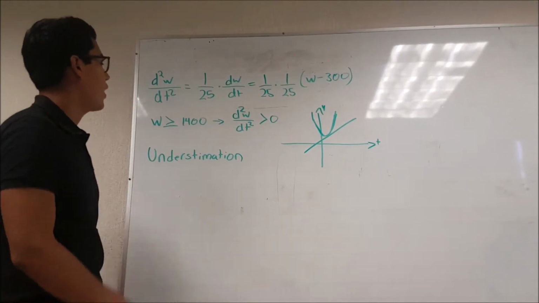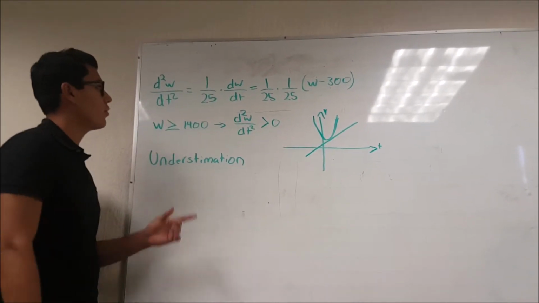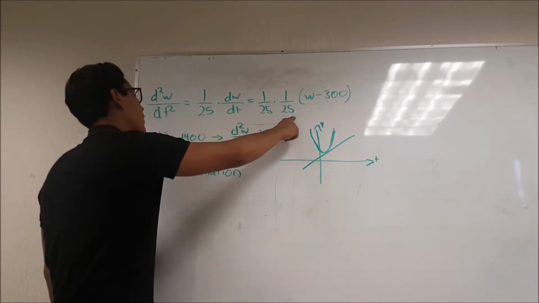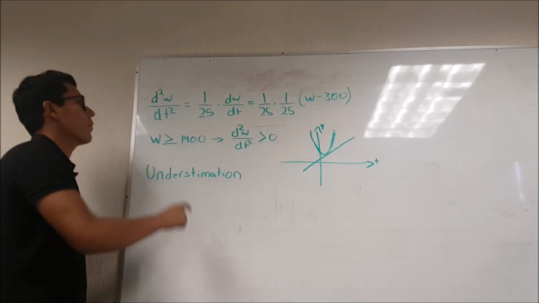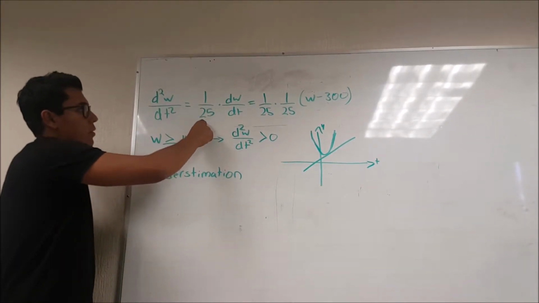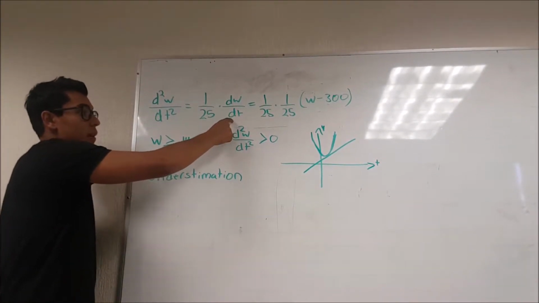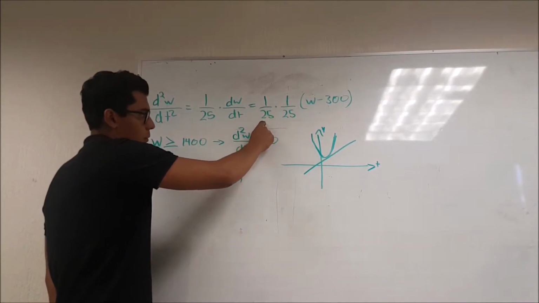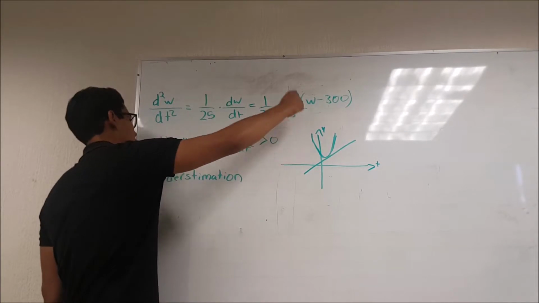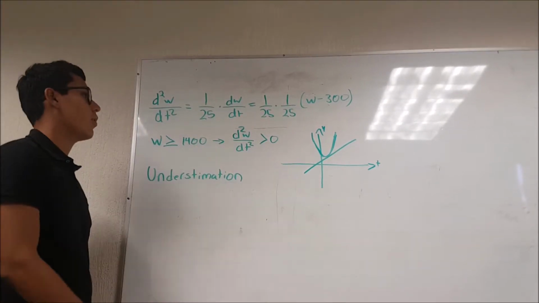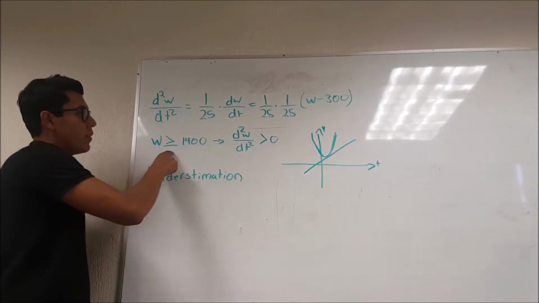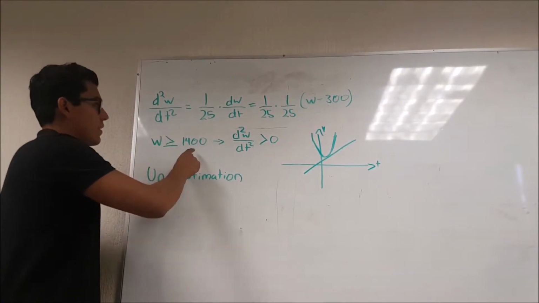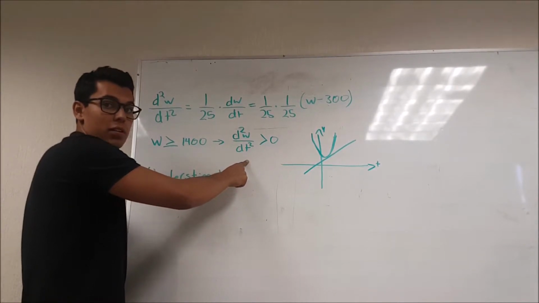In part B, we are asked to find the second derivative of W. So the first derivative is 1 over 25 times W minus 300. We get that the second derivative is 1 over 25 times the first derivative of W. So we get that it's 1 over 25 times 1 over 25 times W minus 300. So as W is always bigger than 1,400, we get that the second derivative is always going to be positive.